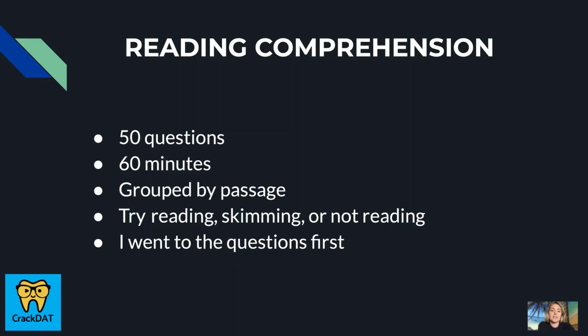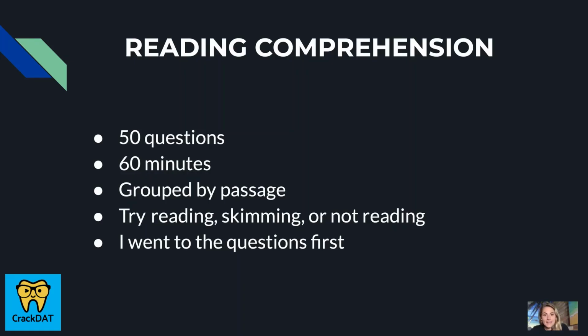What I mean by learning styles and learning ability is that some people read really quickly, and they can bang through the entire thing, read it all, and then answer all the questions. I can't do that. I read very slowly. So I tried skimming, where I would skim it, answer the questions and go back to the passage.